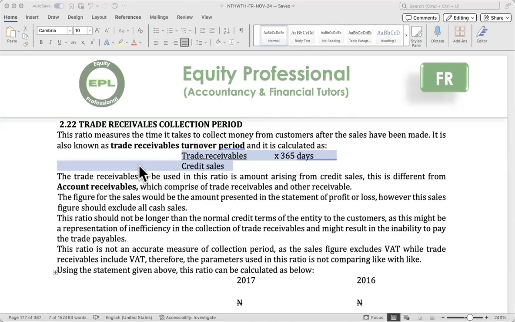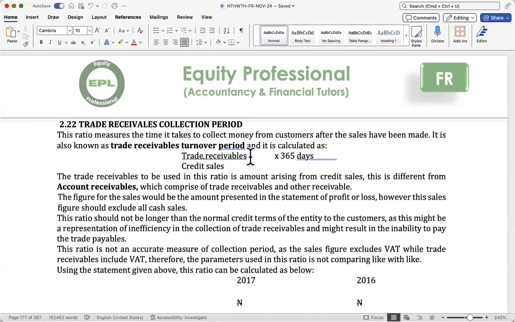Okay, they should be if we have not started collecting money from our receivables. The idea is that some of them might have paid, so the receivable will be reduced. Okay, so the credit sales is the total credit sales, then the trade receivable is what is left from the sale. Exactly. Yes. Thank you, sir.